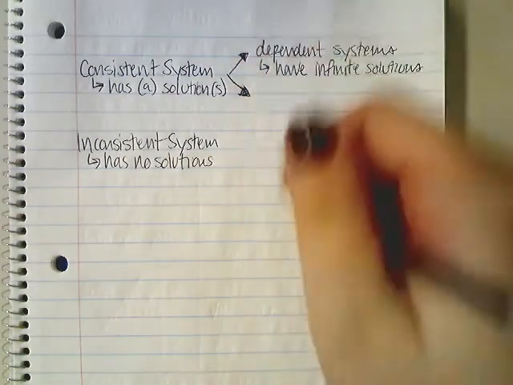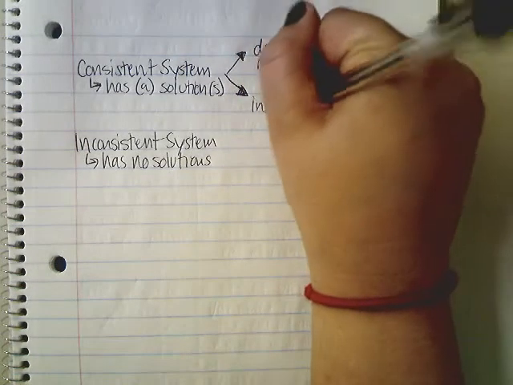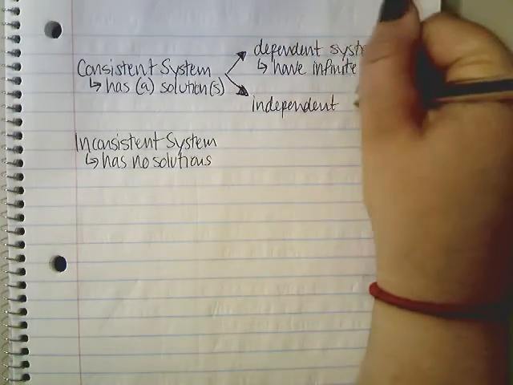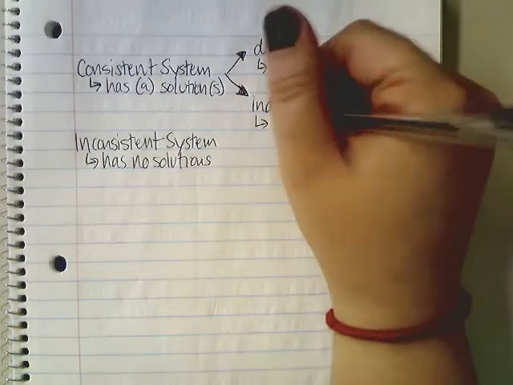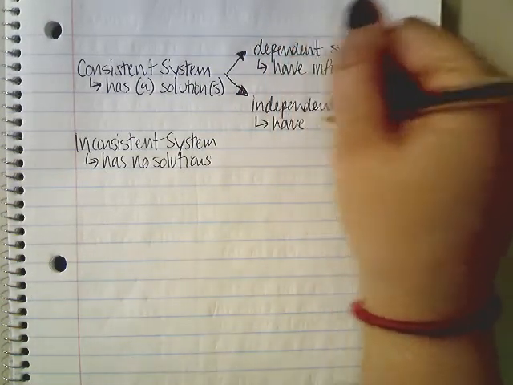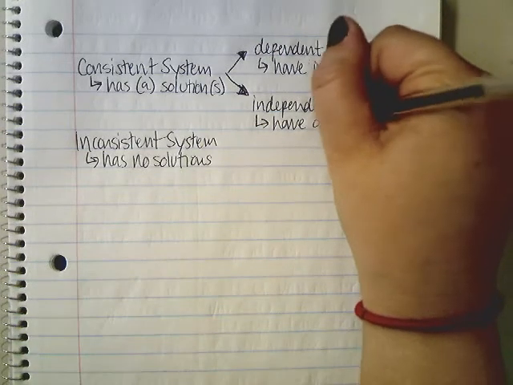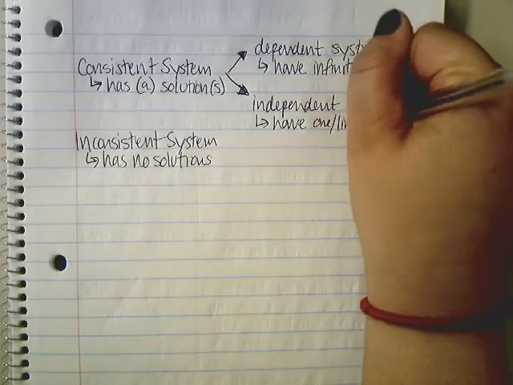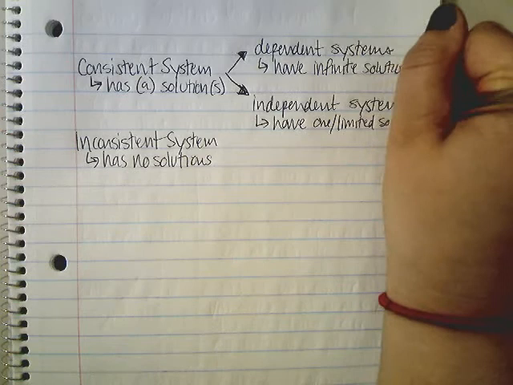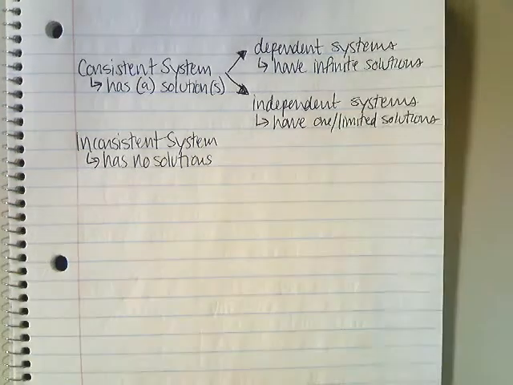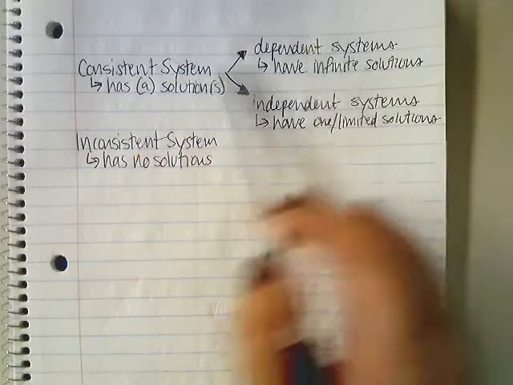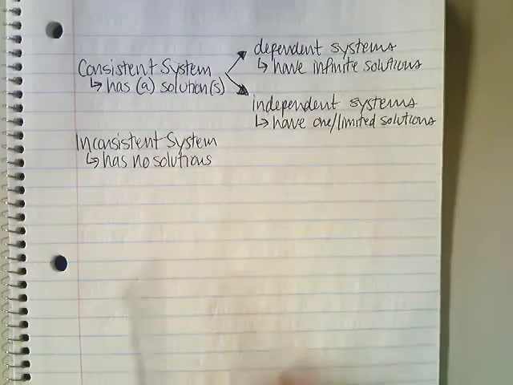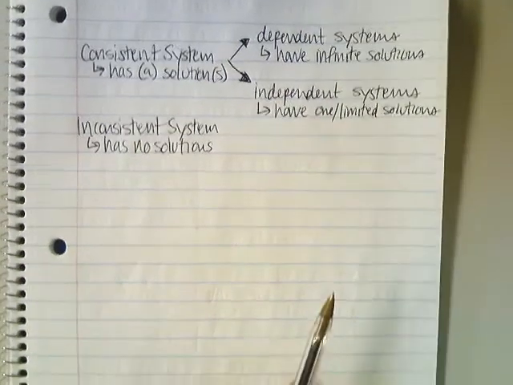And this is compared to independent systems, which have one or limited solutions. So these are our two types of systems. We have consistent, inconsistent, and then within consistent, we have dependent and independent. So this is our little flow chart of systems.